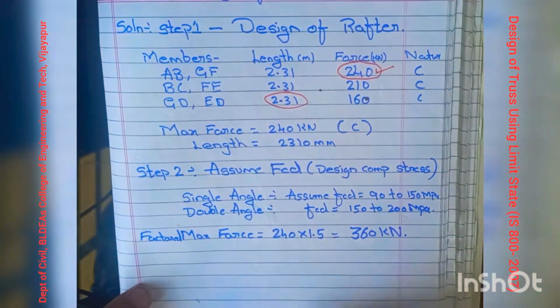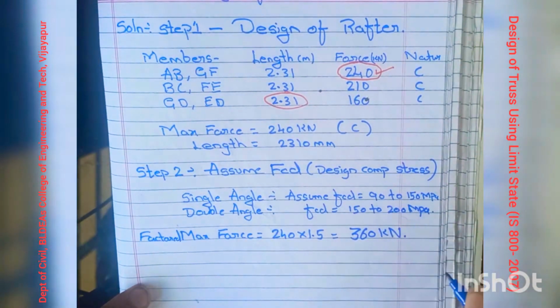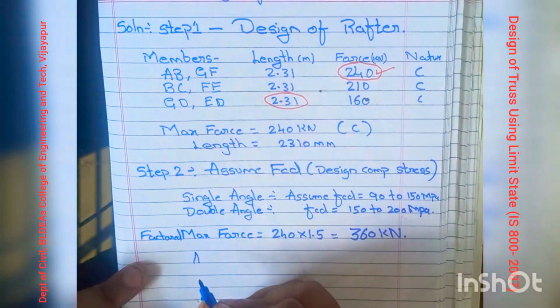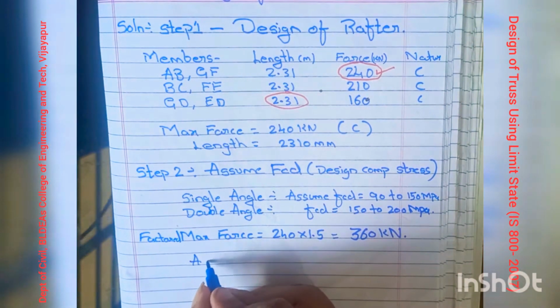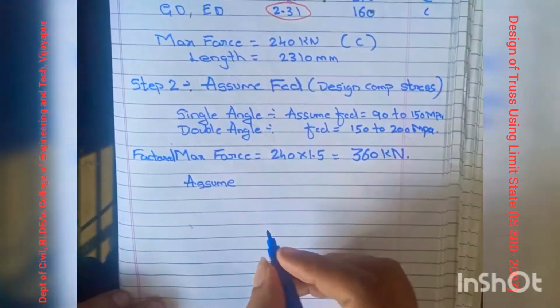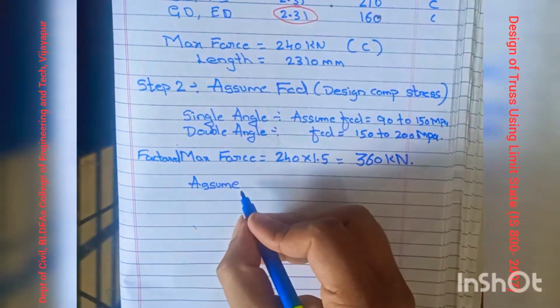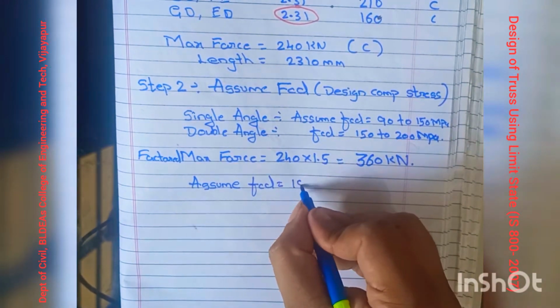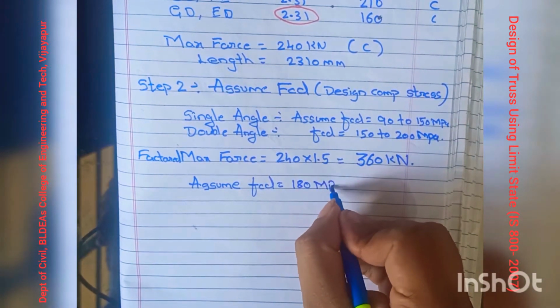Now from the steel table we need to select the section. For that I will assume an FCD value of 180 MPa.